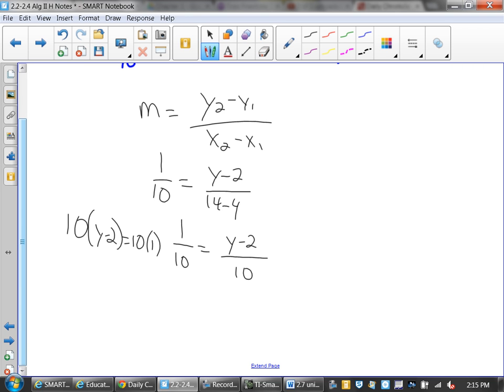You agree? Okay. In this case, it's even easier than that. These are both 10s in the denominators, right? So that means the numerators have to equal each other. What's y? 3.